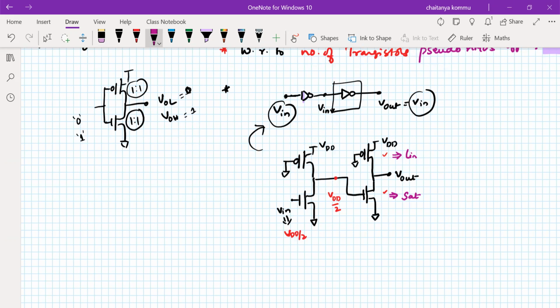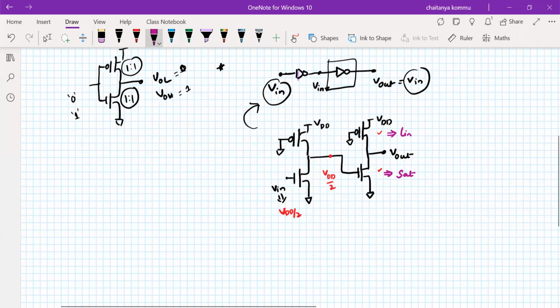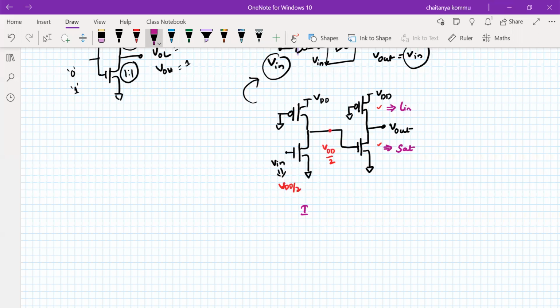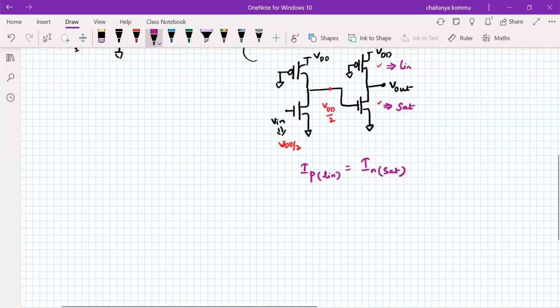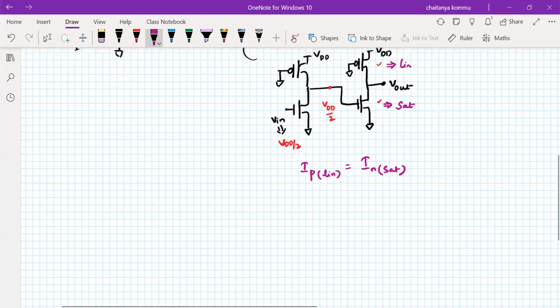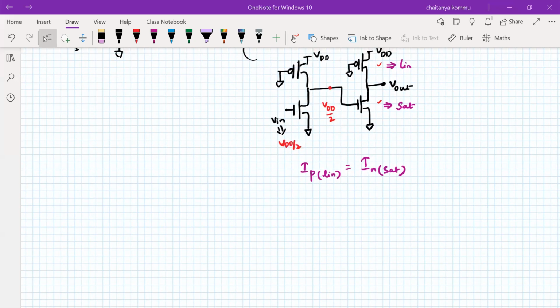Once we know that, the linear current equation of the PMOS transistor and the saturation current equation of the NMOS transistor must be equated to get the relationship between the two. Because of lack of time, and since we have done this process very well in the previous classes, I want to take the direct equation from the textbook.